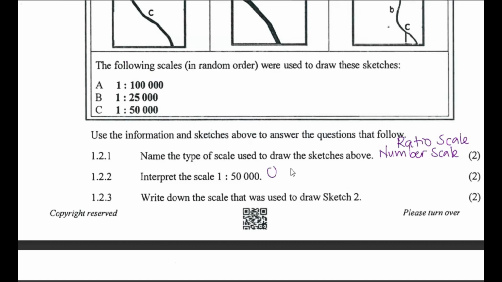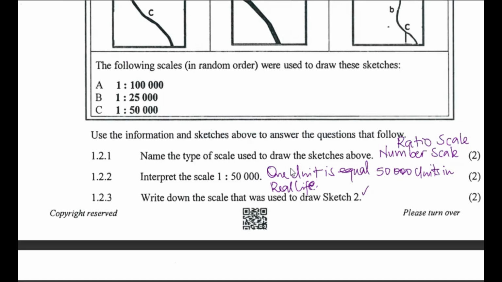So here we shall say 1 unit is equal to 50,000 units in real life. In real life.